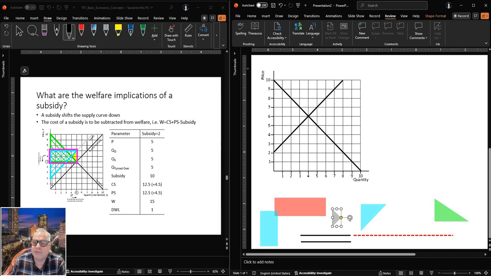So now we have the case of a subsidy of S equals 2. So now we know that a subsidy pushes down the supply function. So we can push that down by 2.